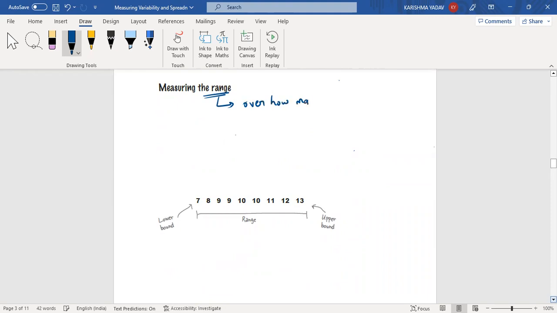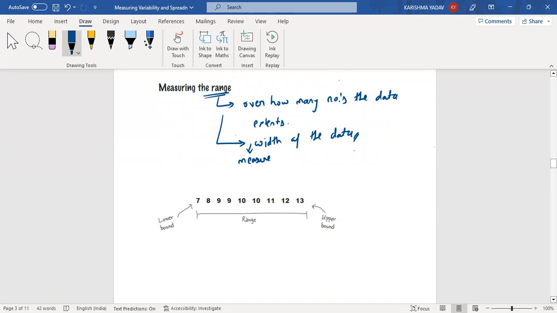By saying this, we mean that we are going to measure the width of the data. Range is basically measuring the width of the data.